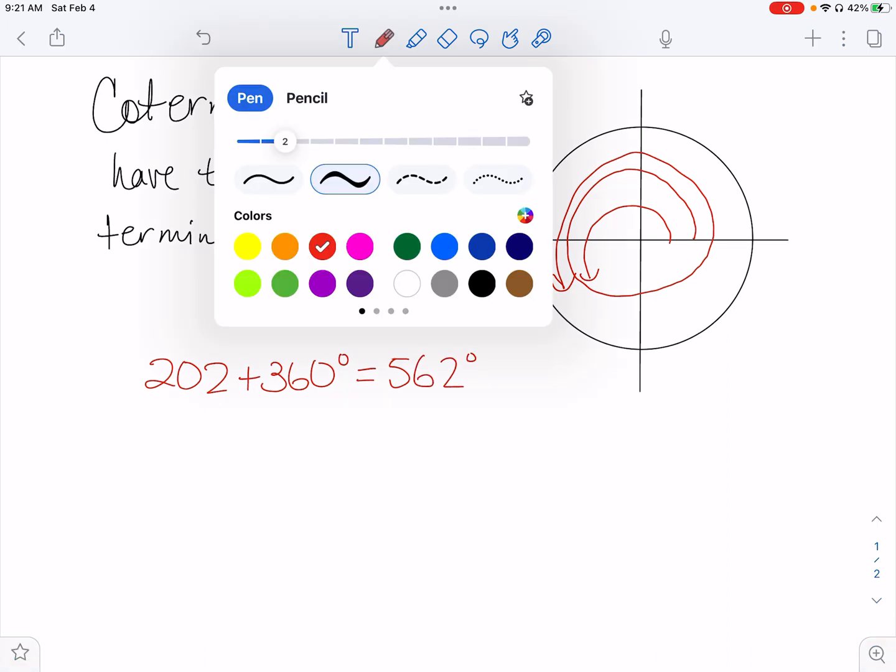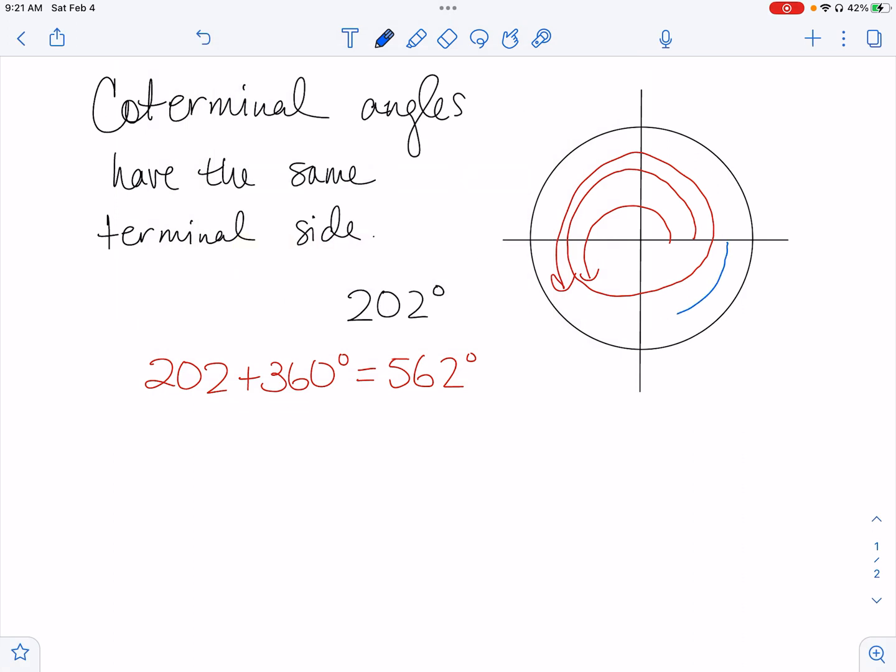Or you could go in a negative direction and say, what is 360 minus 202 degrees? So 158 degrees. Some of you were very close, within 2 degrees, you just subtracted slightly off, so that might have been an issue for you too. If you still have questions about degrees, radians, reference, or coterminal angles, please come see me.